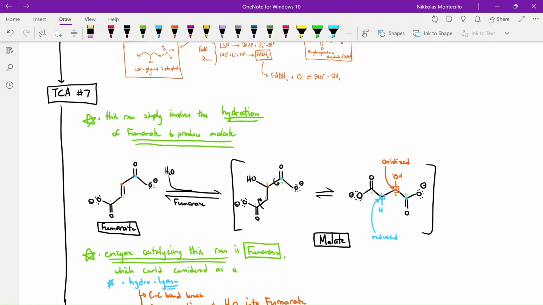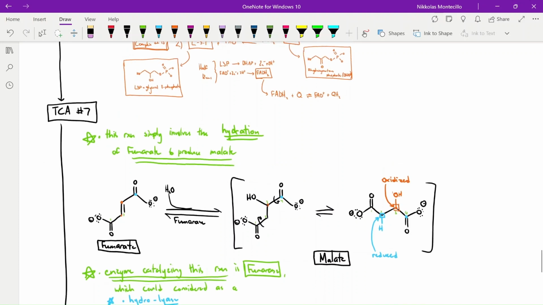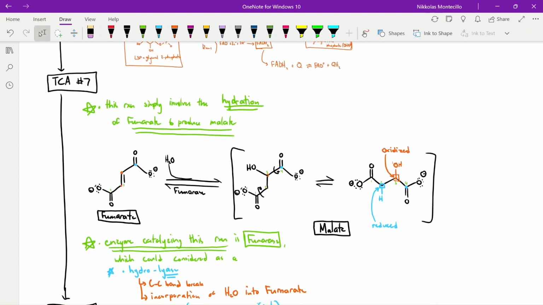So we consider this reaction to be a lyase, primarily because there's a carbon-carbon bond break right here, right?